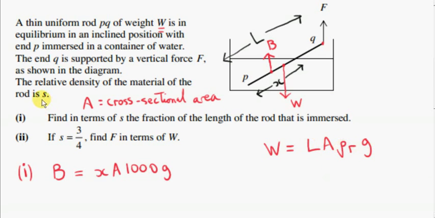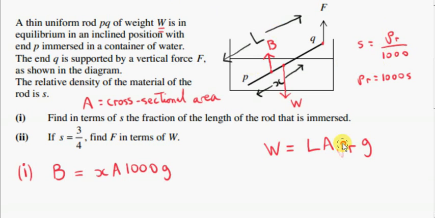Now, we are told that the relative density of the material of the rod is S. So S is the density of the rod divided by 1000. Or the density of the rod is 1000 times the relative density of the rod. Okay, relative density is the density of a substance relative to water. We divide the density by the density of water.